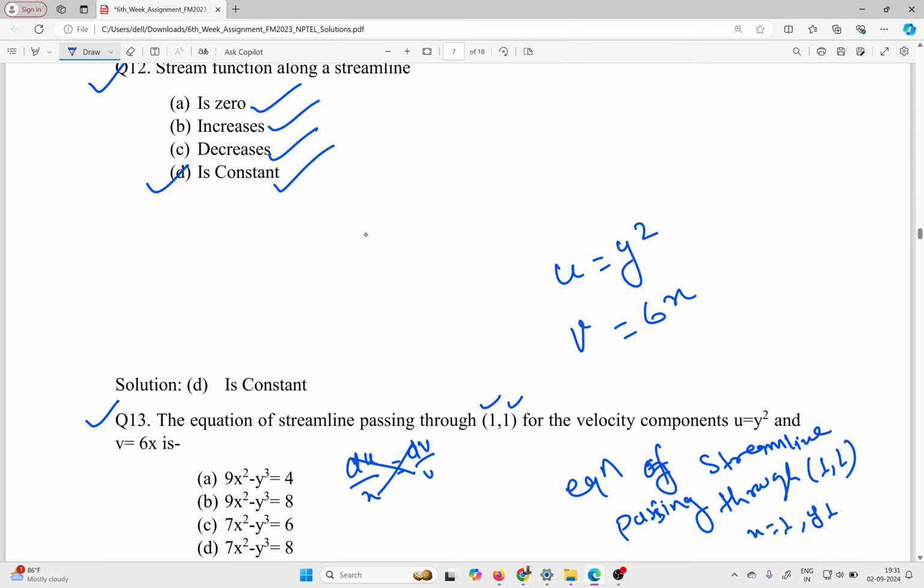This is wrong. del x by u is equal to del y by v. So this equation you know already.